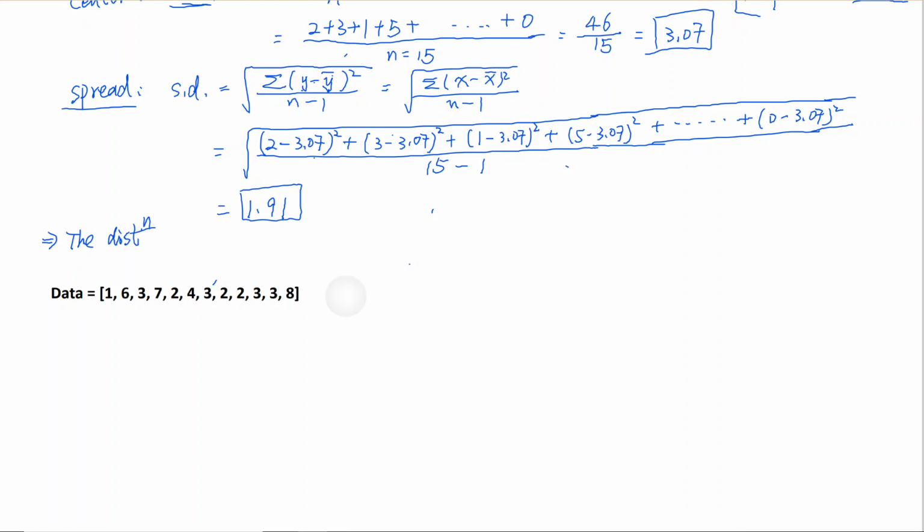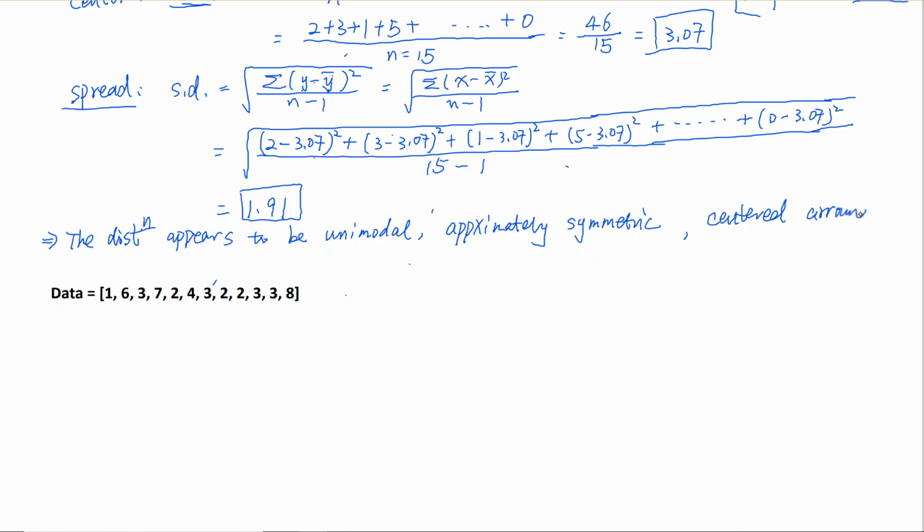So we say the distribution appears to be unimodal, approximately symmetric, centered around the mean of 3.07.